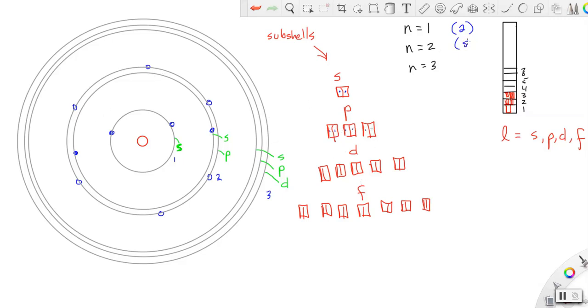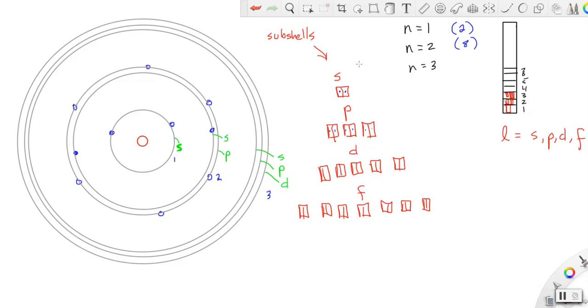So that means we have 8 in n equals 2. If we had 5 more, we'd have a total of 15 electrons. I'm just throwing a number out there, and let's see what element it is when we're done. So we're going to keep on packing this in, okay?